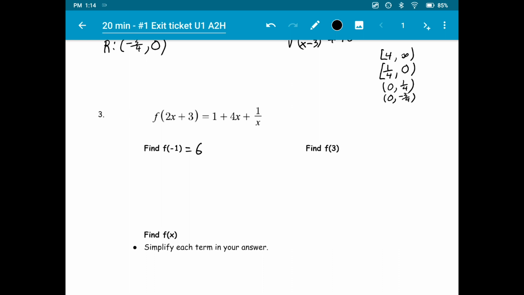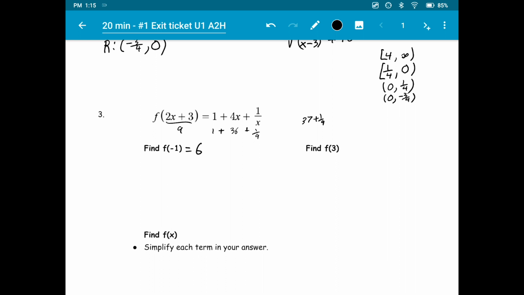If I plug in 3, the 2x plus 3 becomes 9. And 1 plus 4x plus 1 over x becomes 1 plus 36 plus 1/9, which would be 37 plus 1/9.